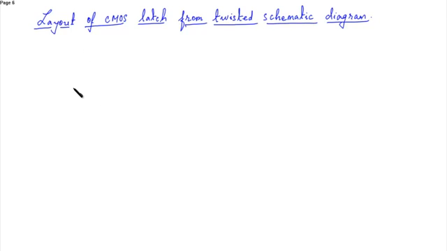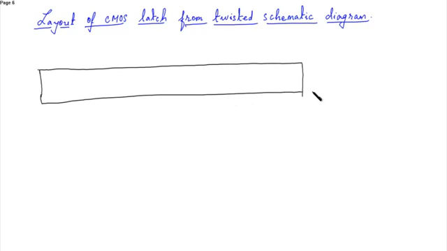So with reference to it, we'll take a single N-well, and a single P diffusion layer.